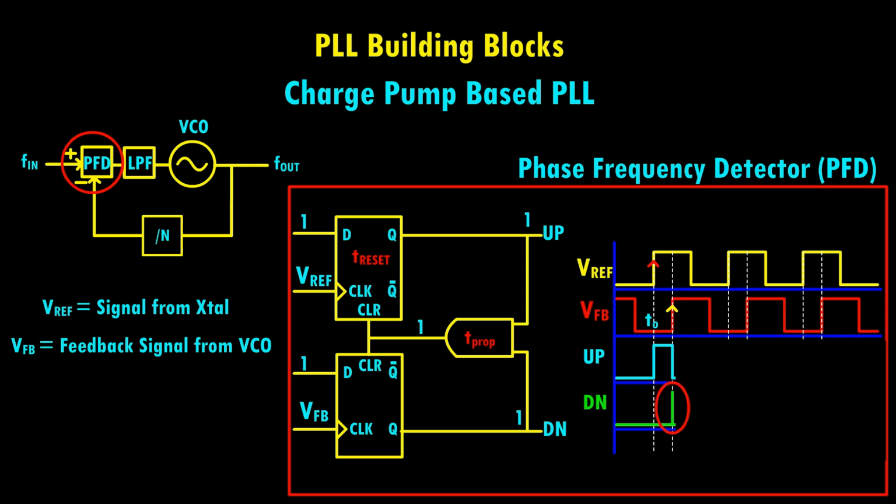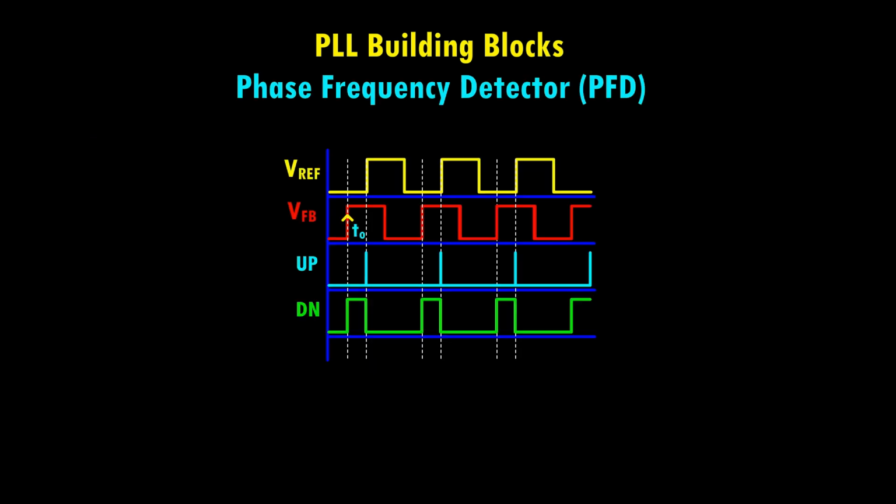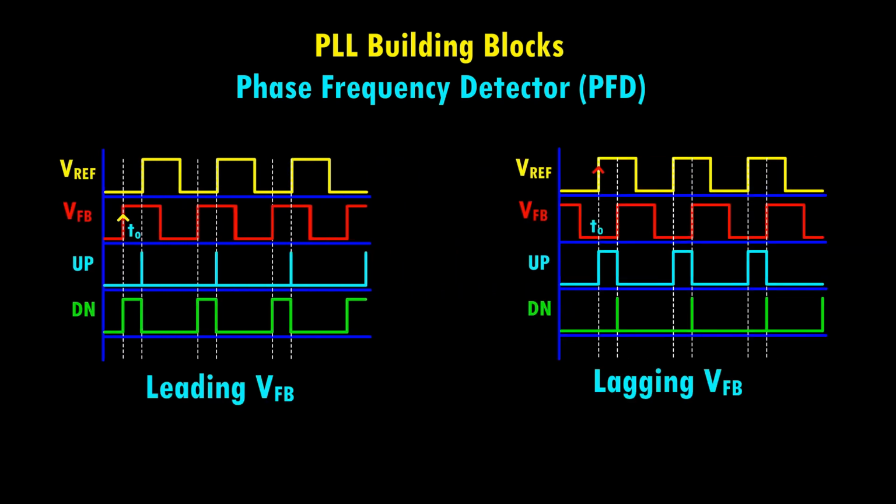The width of this glitch corresponds to the total delay introduced by the AND gate and the reset mechanism. Thus, we obtain an up pulse whose width is proportional to the phase difference between the Vref and VFB signals. Similarly, if VFB leads Vref in phase, the down signal will produce pulses with widths proportional to the phase difference. In this manner, both leading and lagging phase differences are accounted for, allowing accurate phase comparison between the two signals.